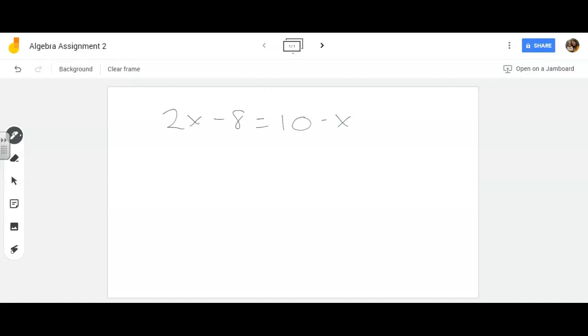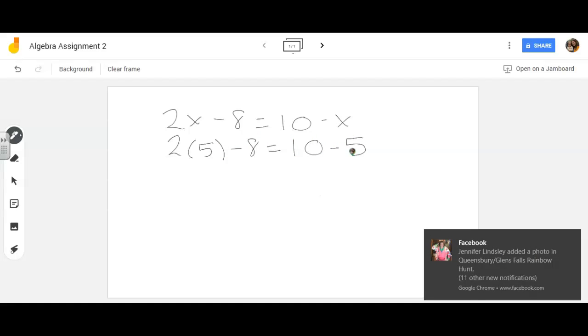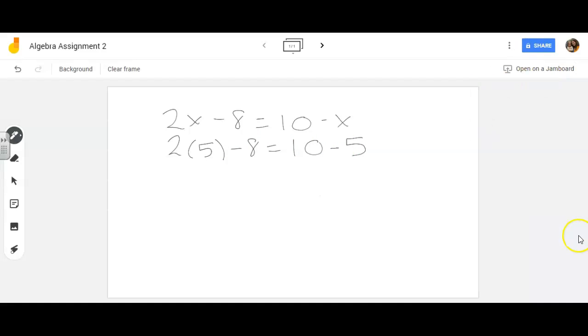Okay, so if I get my equation back and it's saying, well, what if x equals 5? Will that make the equation true? Well, let's try it out. So I put 5 in anywhere I see x. Okay. And then I go ahead and solve.